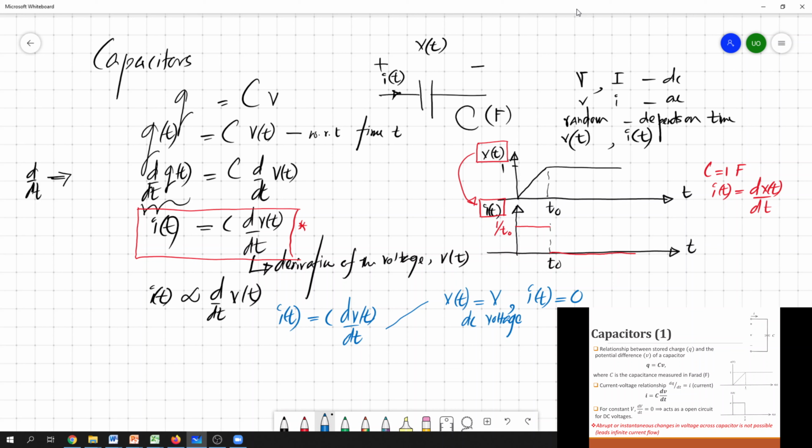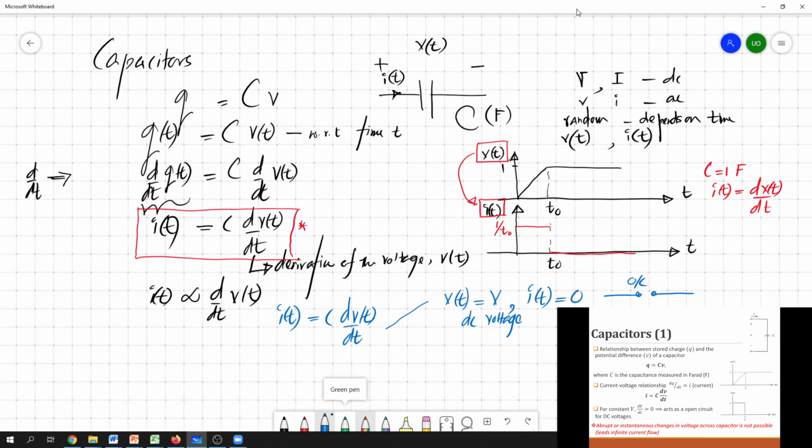So then the capacitor can be replaced using an open circuit. Because the current flow through the capacitor is 0, we can basically replace the capacitor. When we apply a DC source, we can simply replace the capacitor with an open circuit element.